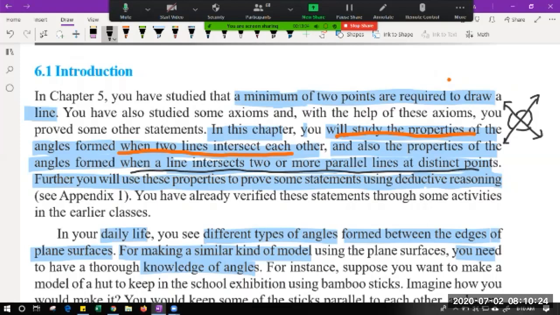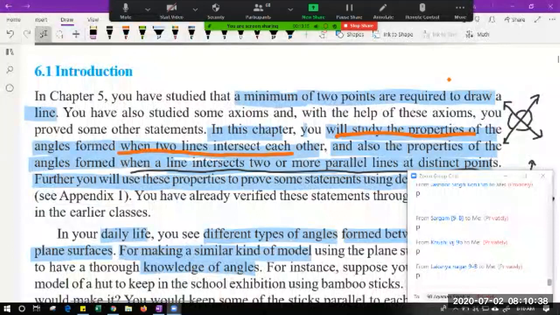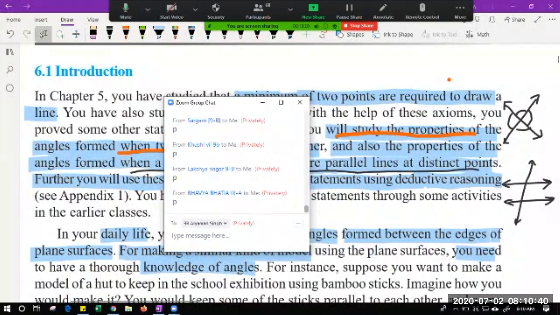You must remember the concept from class 8, where we had two lines like this and a transversal. Do you remember that?